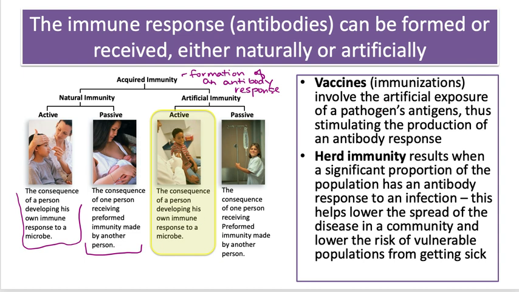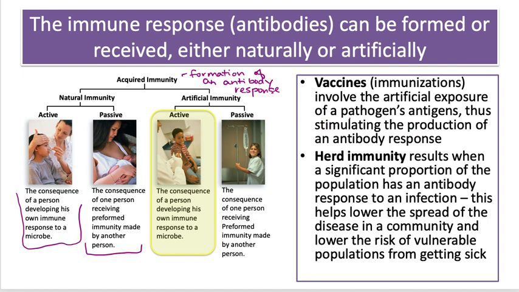And so if you are exposed to the pathogen's antigens or a part of the pathogen, then our body will make the antibody response in the same way that we just went over, as if it were an active infection. But because vaccines don't inject you with a live pathogenic form of the pathogen, you cannot get the infection from the vaccine.